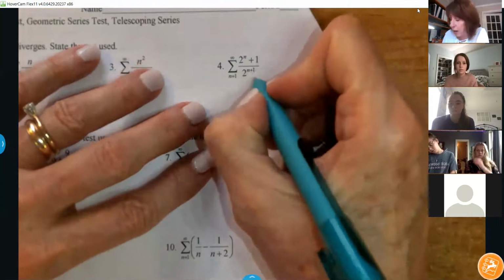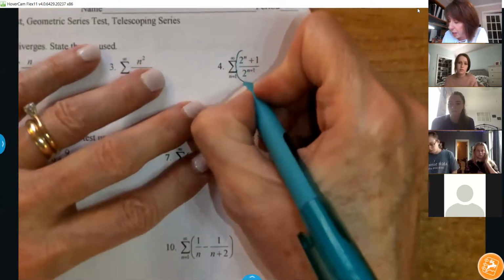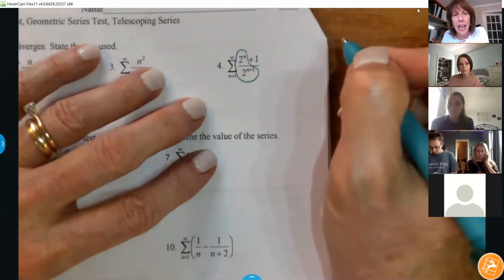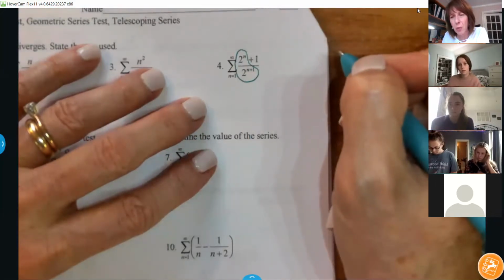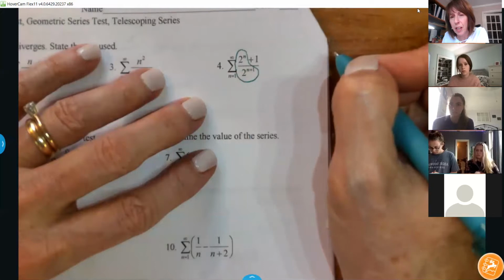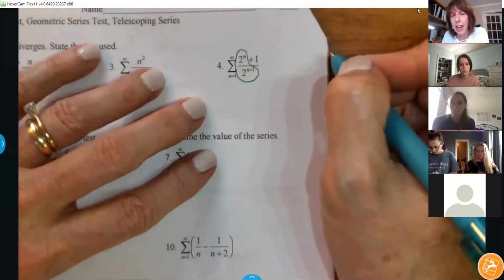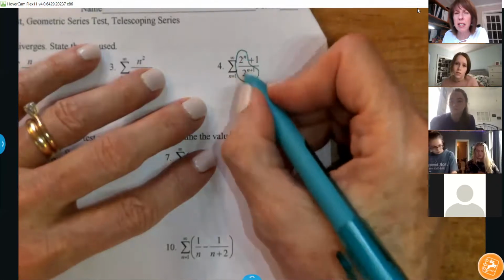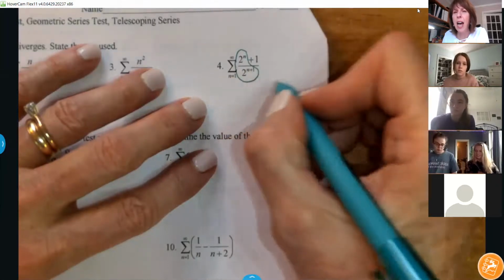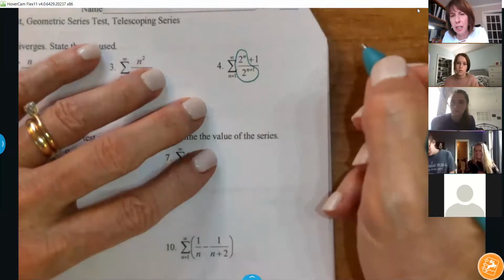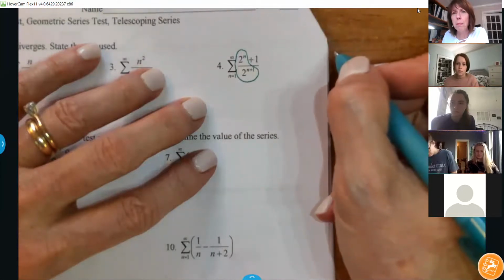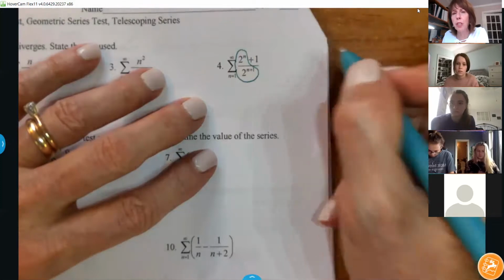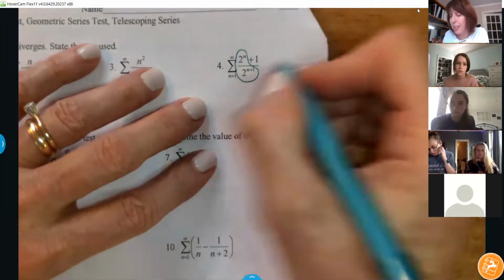here's kind of my thought. I'm focusing on that piece, and that reduces just to 1/2. Since that reduces to 1/2, I can just do the nth term test on that one, because it's going to go to 1/2, which is not 1.